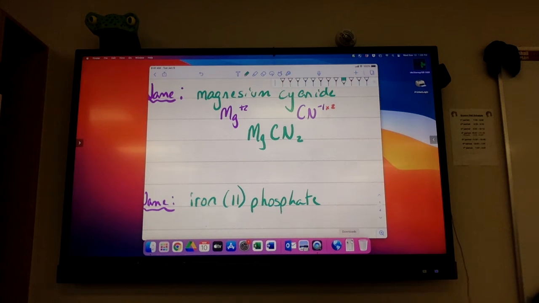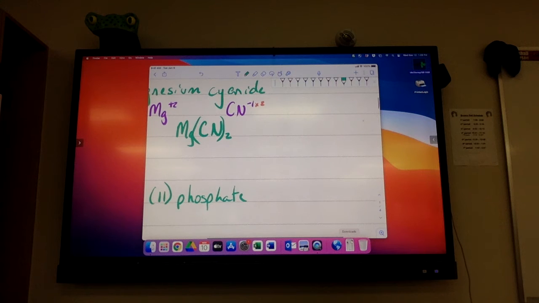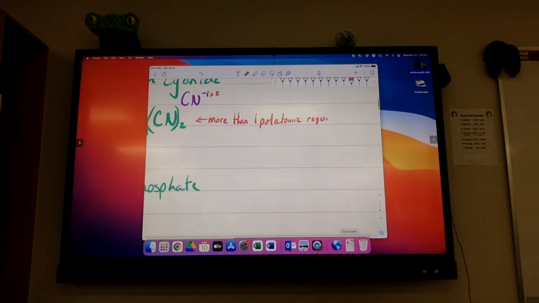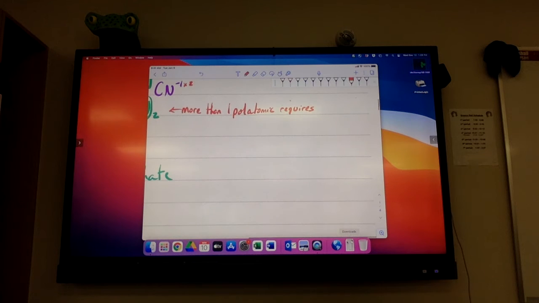So if you need more than 1 polyatomic, you must trap it in parentheses and put the subscript on the outside. So let's jot that down: polyatomic requires parentheses.